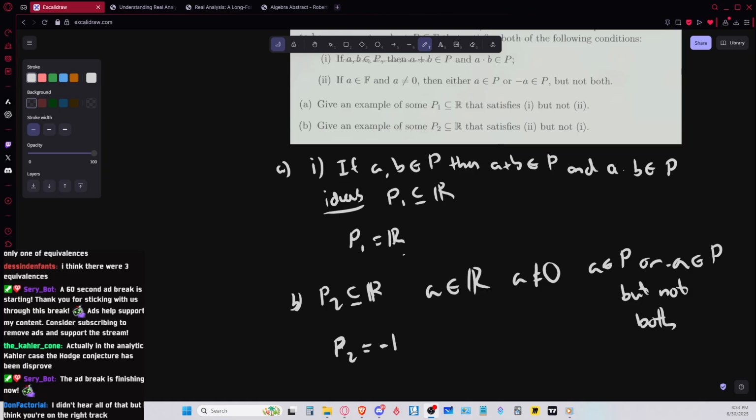But 1 and -1 are not in P2 at the same time. And if we take A equal to -1, because we have A and B, then we would have -1 plus B, which is technically not in P2. And then -1 times B, which is negative B, is not in P2. So I feel like it kind of works, but I don't know if that is the correct way to go.